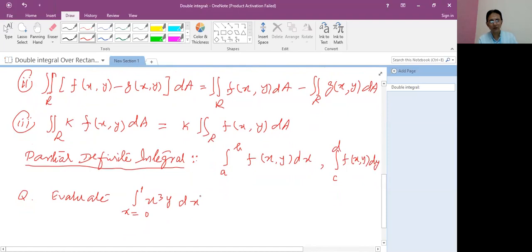If you find the partial definite integral, you integrate the given function with respect to x, keeping y constant. So y goes outside the integral from 0 to 1 of x cube dx, then you integrate with respect to x, x to the 4 upon 4, and when you apply the limit, the answer is y upon 4.